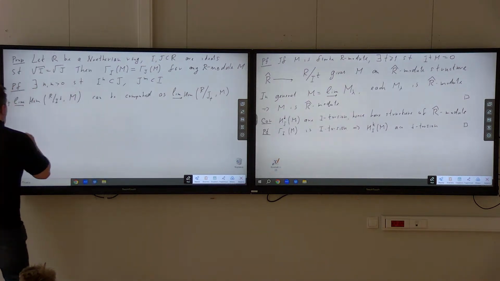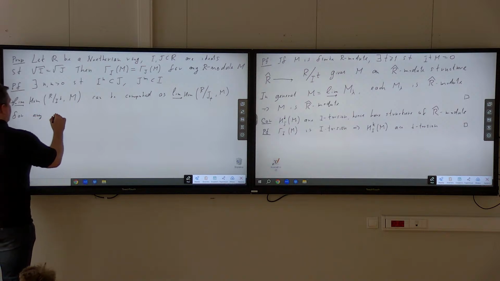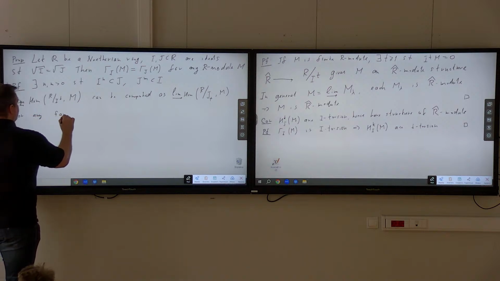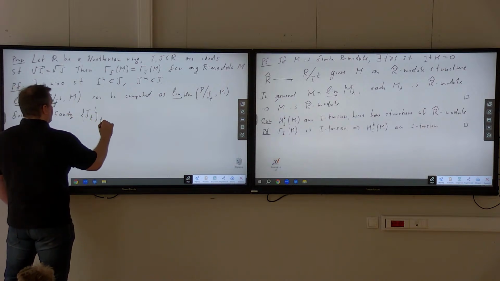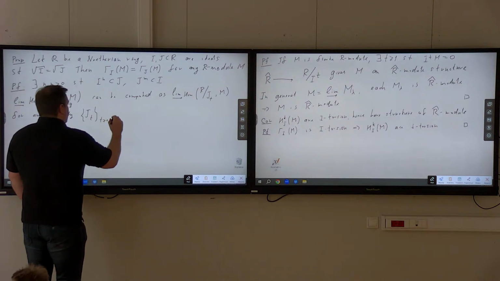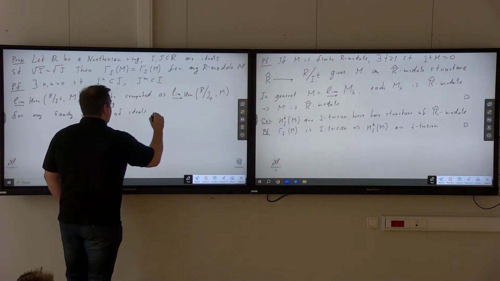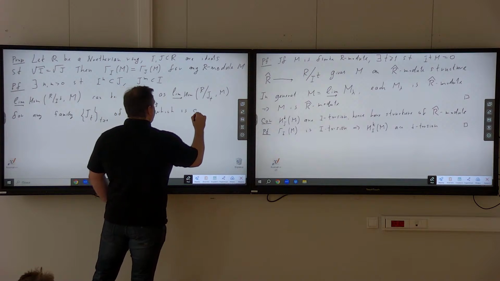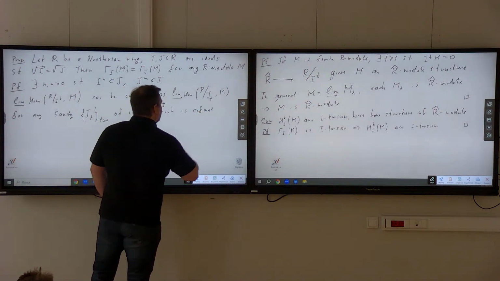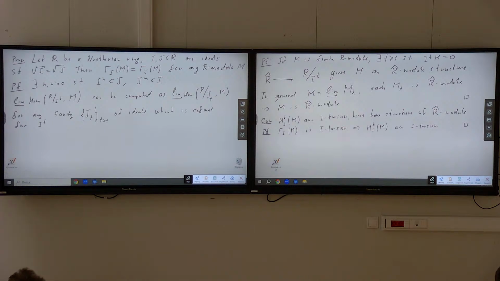So this will be the same limit for any family, sequence really, of ideals which is cofinal for this sequence I to the t. Notice that I to the t is just an example of such a family of ideals.